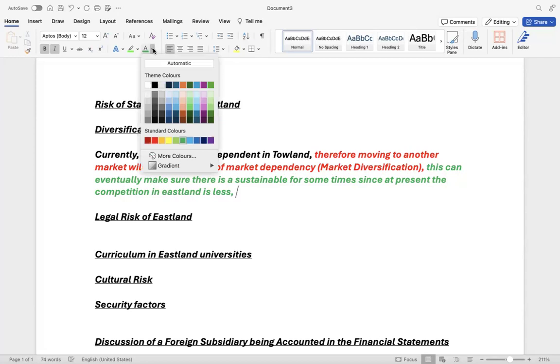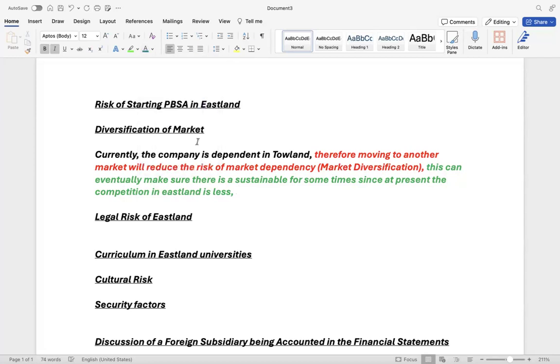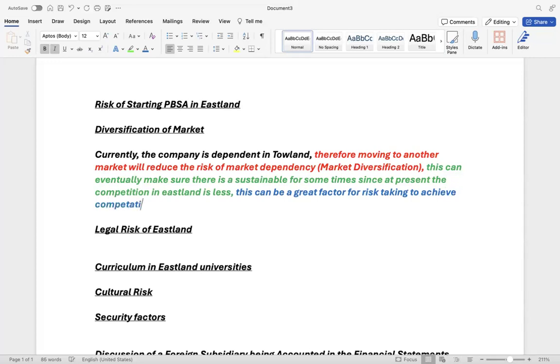And then students, the lessons, this can be a great factor for risk taking to achieve competitive advantage for the management of Flatthall.